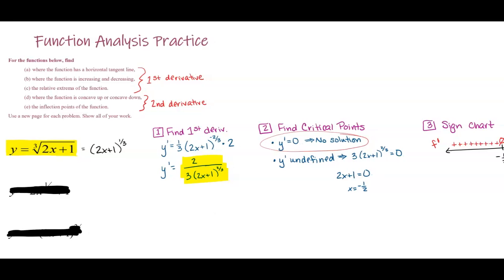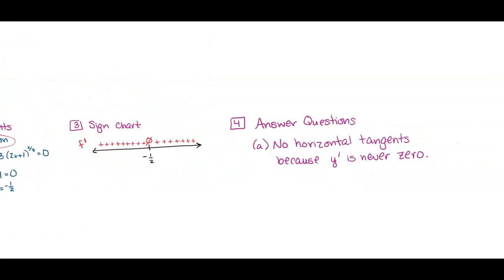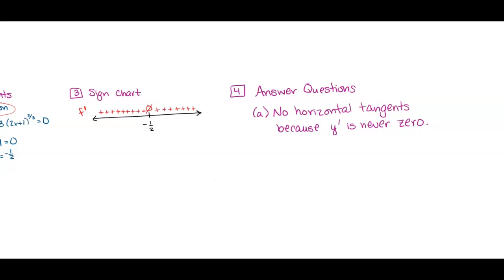The next question they're asking is, where is this function increasing and decreasing? We can see that in the sign chart. A function is increasing when the first derivative is positive, decreasing when the first derivative is negative, and this one has a first derivative that is positive all the time. So we're going to say this function is always increasing.